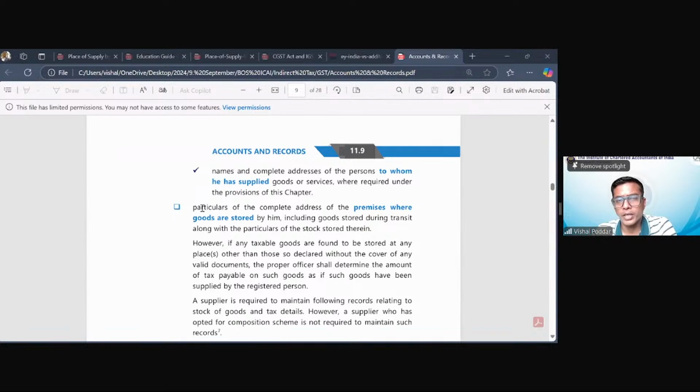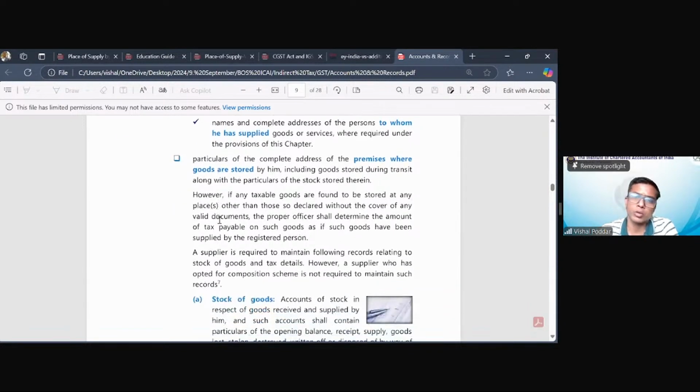Then further, what are the details? Particulars of the complete address of the premises where goods are stored. So if you are storing goods somewhere else, in some godown or warehouse, you need to give the details of that godown or warehouse as well. Further, it says, if any taxable goods are found to be stored at any place other than those so declared, without the cover of a valid document, the proper officer shall determine the amount of tax payable.